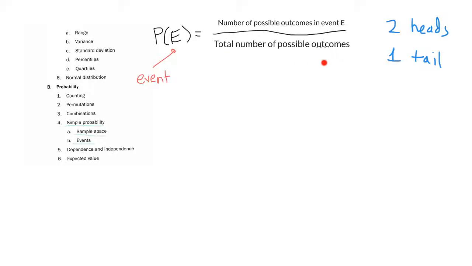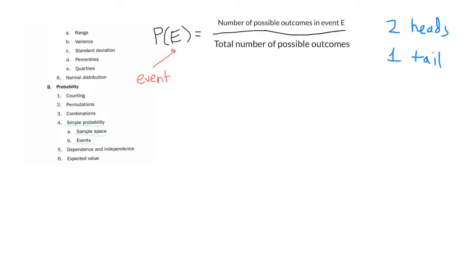And basically what that is, is the sample space. All right, we already kind of talked about events. The event in this case is 2 heads and 1 tail. And the sample space is the total number of possible outcomes. And one way of going about that is to make a tree diagram, which I'm going to demonstrate right now.